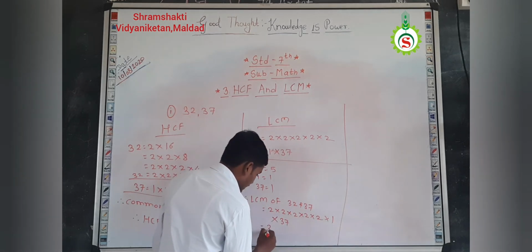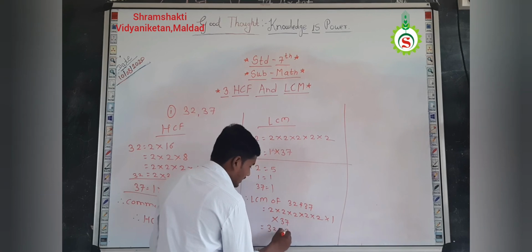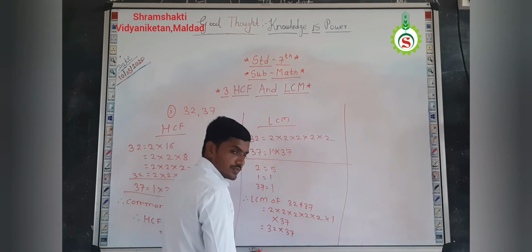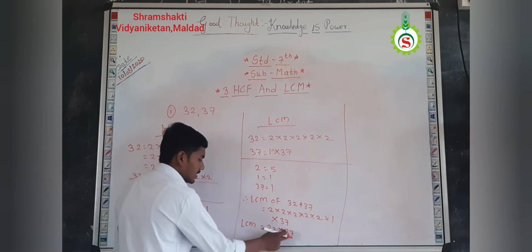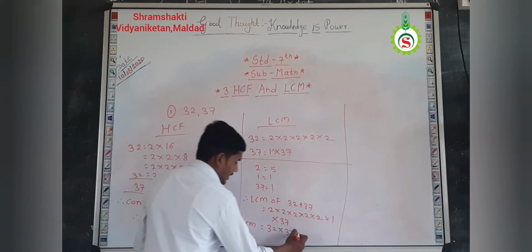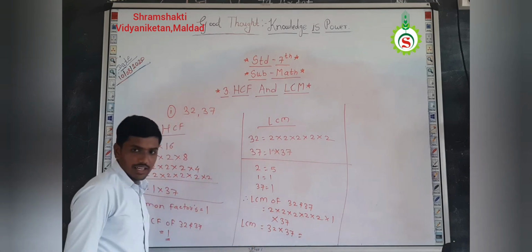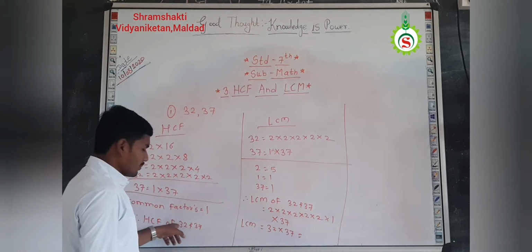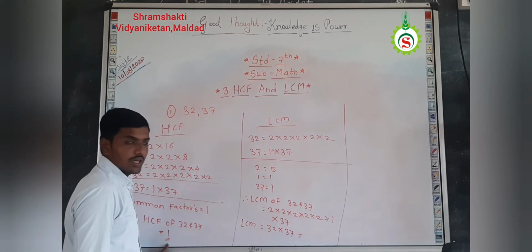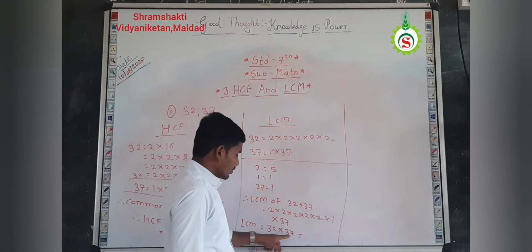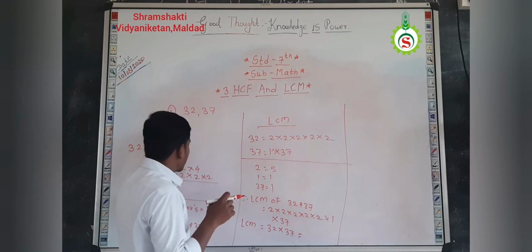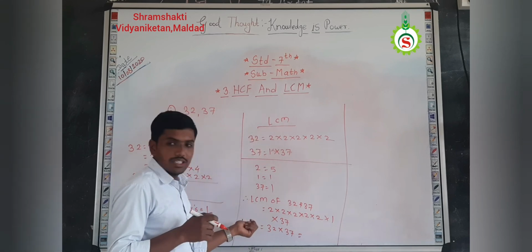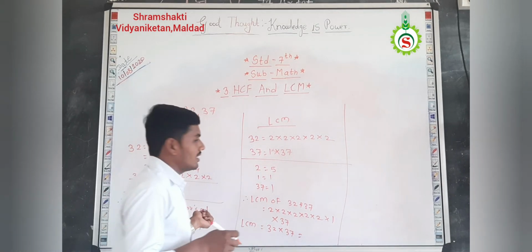The answer is 32 into 37. So what is the LCM? The LCM is 32 into 37. So the HCF of 32 and 37 is 1 and the LCM is 32 into 37. So we have found the HCF and we also have found the LCM for the given numbers.